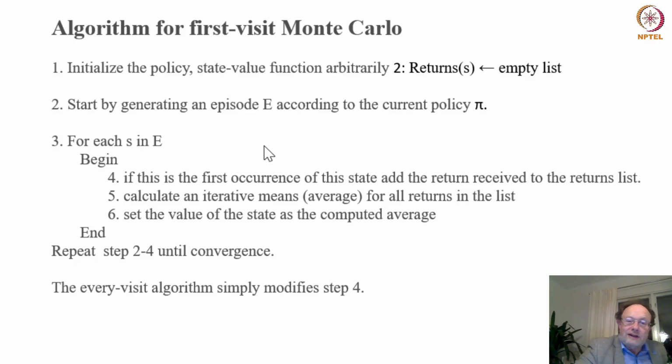Then, in every round, you set the value function of the state to that computed average of the returns. When you've done that for an episode, you generate a new episode and repeat it all over again until some convergence occurs.